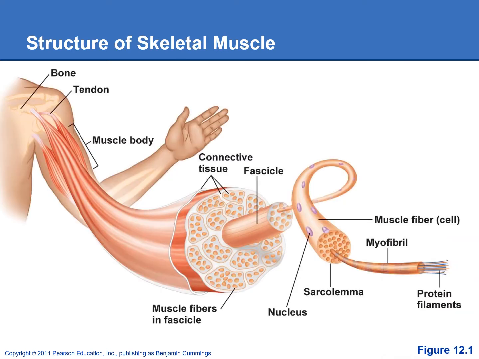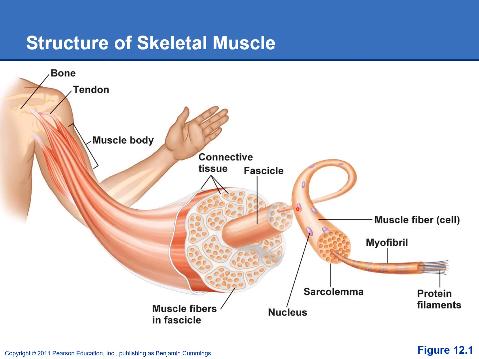And let's just take a close-up look here. So if we look inside of our muscle, we've got these bundles of muscle cells or muscle fibers that are going to be held together by connective tissue to form what's called a fascicle. So this whole thing is a fascicle made up of many individual muscle cells or muscle fibers.